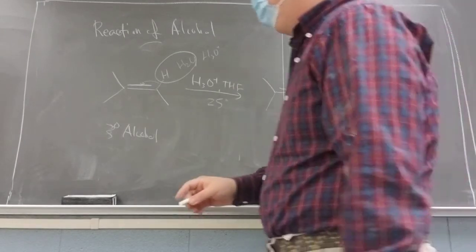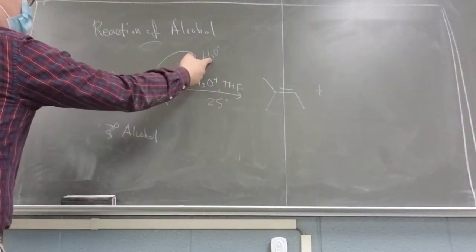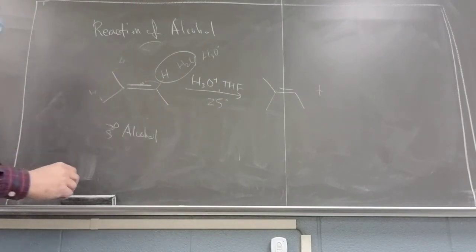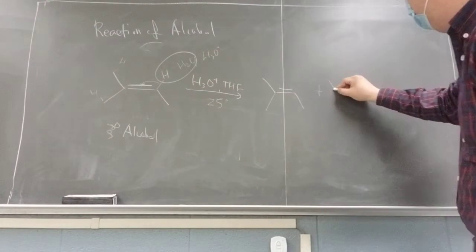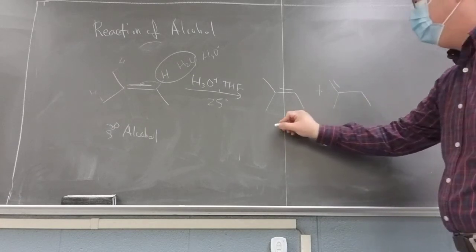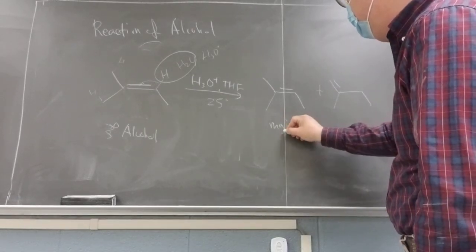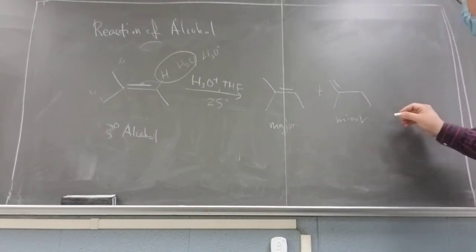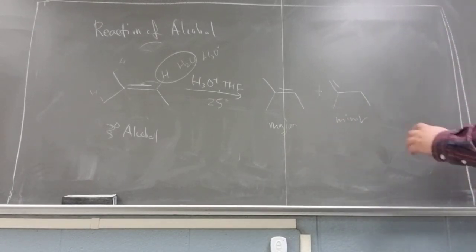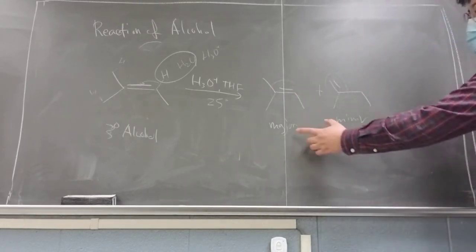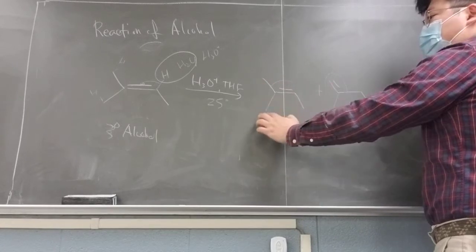But you can also think about the water picking up the hydrogen at this position too. Then that would make this one. But whenever you do this, this will become the major product, and this will become minor, following Zaitsev's rule, which means whenever you have two possible forms, this will become major because it has more substituents on this double bond.